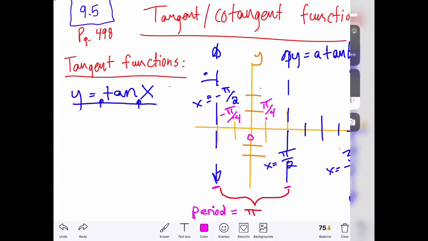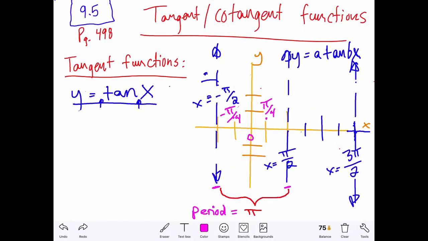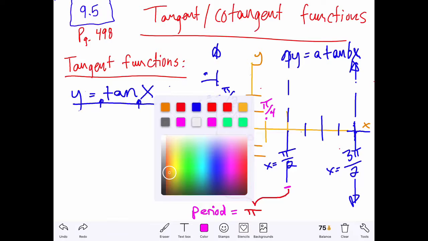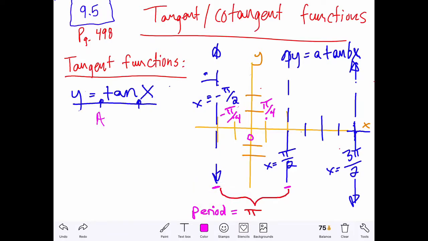Okay, now, again, this would be our amplitude, and this would be our b, right? Again, that would be vertical stretch or shrink.